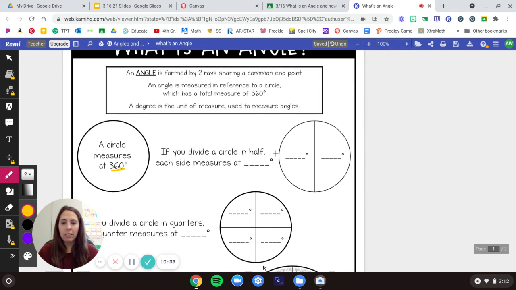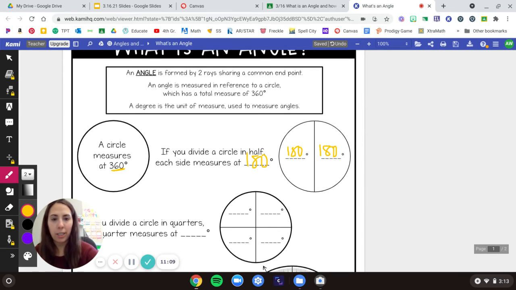If we divide a circle in half, each side would be 360 divided by 2. If we go through and do our long division, we know that that is 180. So 180 degrees. Now we noticed in class that means that this side of the circle is 180 degrees and this side of the circle is 180 degrees.